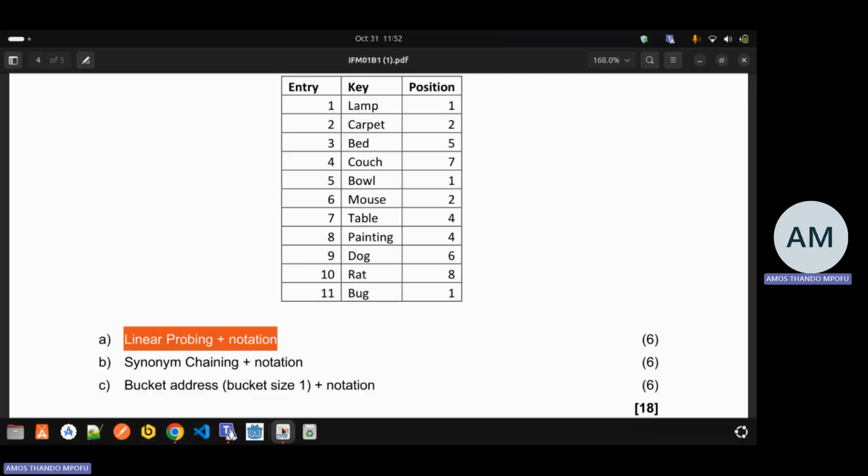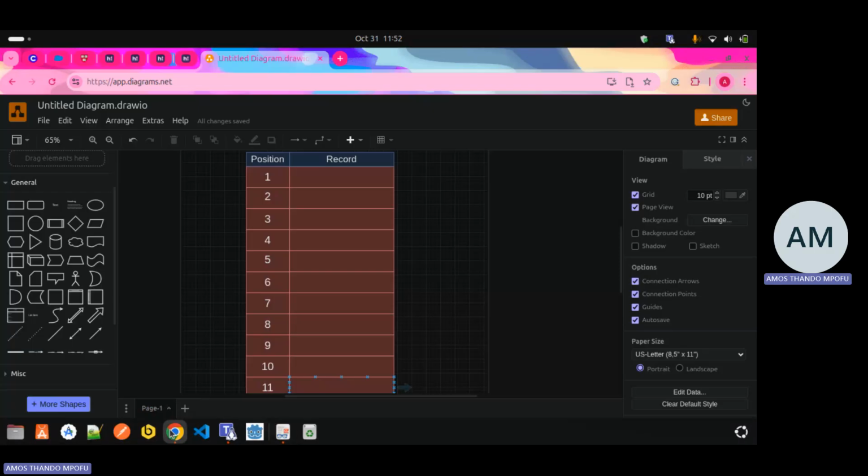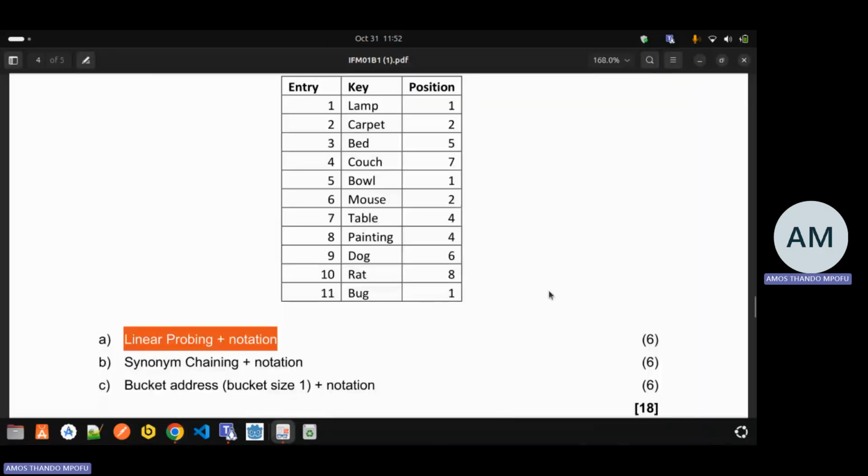So my position and record. The record that you have is lamp, it's at index 1. Linear probing, right? The way it works is that you keep adding the records where they belong in that specific number. When you have a collision, right? You look for the next available space, right? I know it sounds a bit, let me think about it.